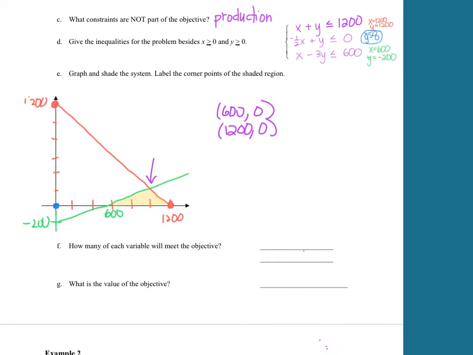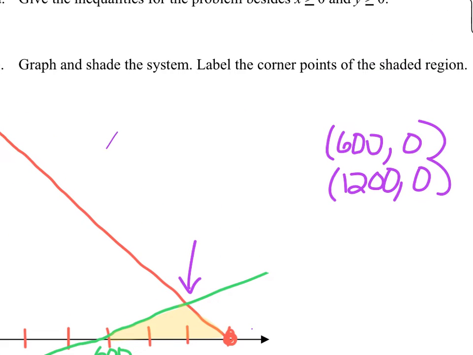So my red line was created by the equation x plus y equal to 1200, because when you solve for that, again, if you're not sure about that, you're going to have to watch yesterday's video again. And then we've got x minus 3y equal to 600. And so we want to, I think, triple the top equation.